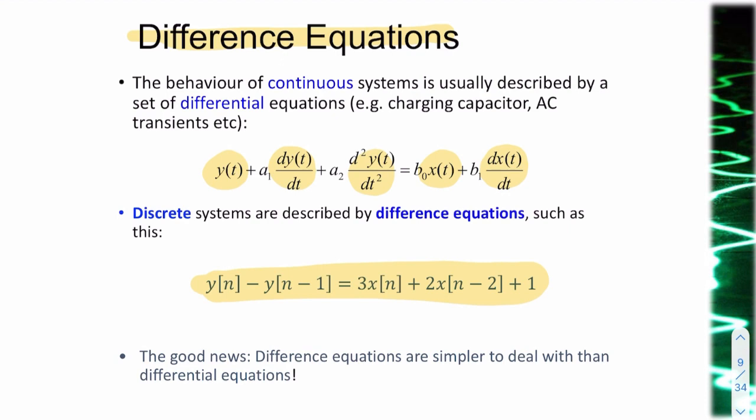So we can describe a discrete time system using this kind of difference equation. So this first example is an example of a differential equation. And this is for continuous time signals.